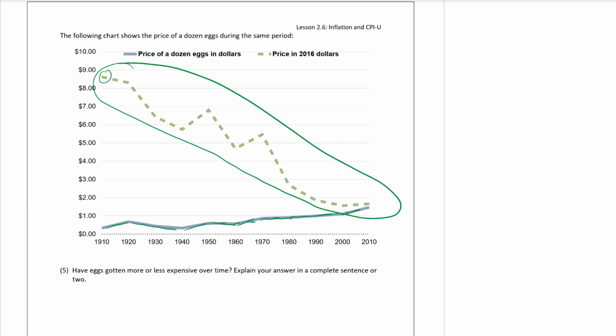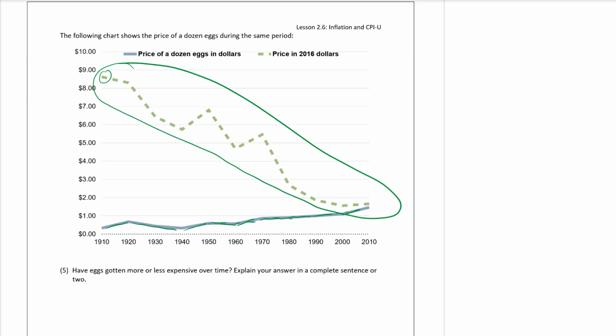because it puts things in perspective. It basically compares the past to some other year. And in this lesson, 2016 so far is the year things are compared to, but you might as well choose some other year like 2021. And by comparing them to that year, it looks like the prices were declining. And you might say the reason for that is that there were advancements in farming, new technology.